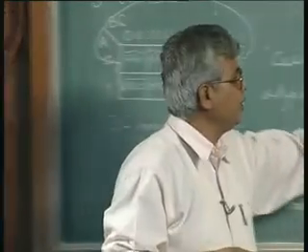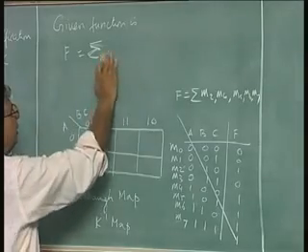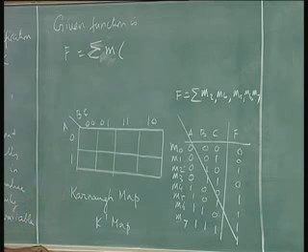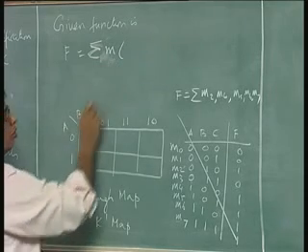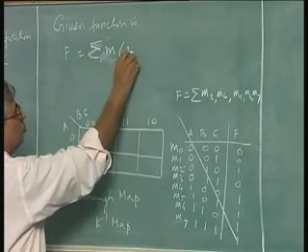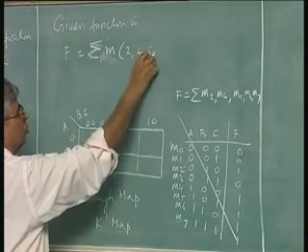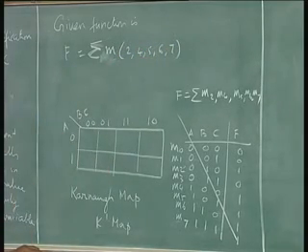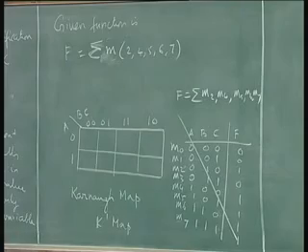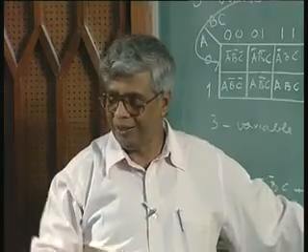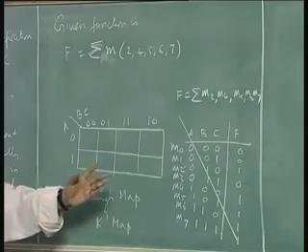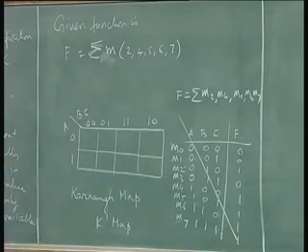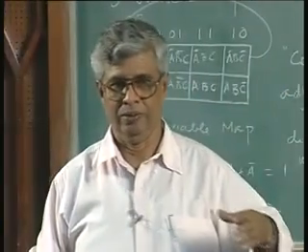So all you have to say is sigma m, which means the sum of products, and the product terms involved are the minterms 2, 4, 5, 6, 7. If I give you the function like this, you know the truth table and you know the entries for which the outputs are 1 and the others are 0.